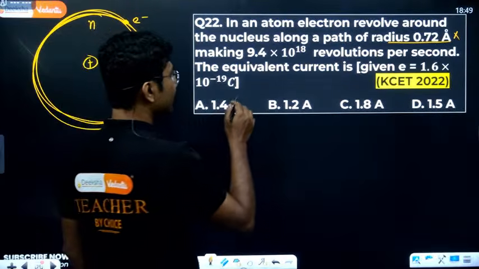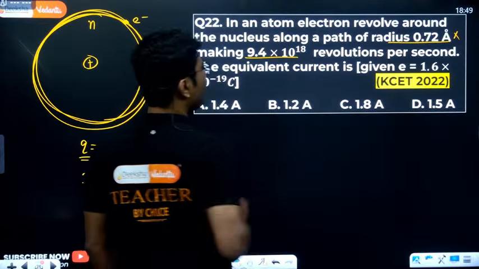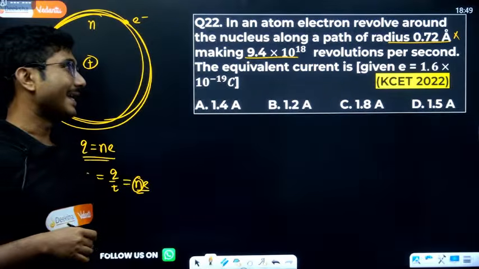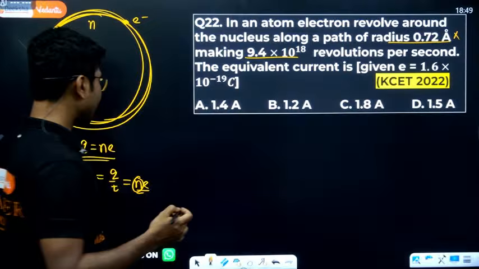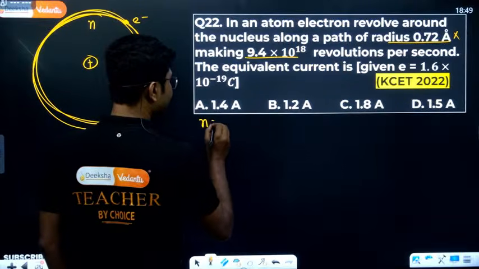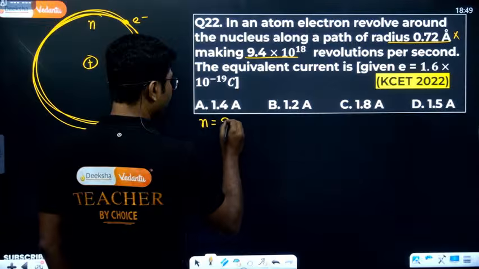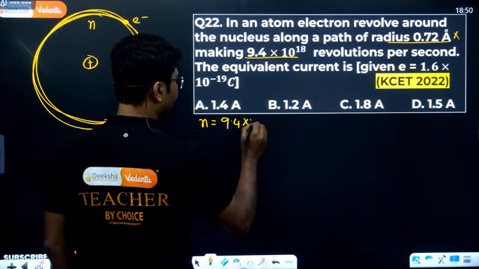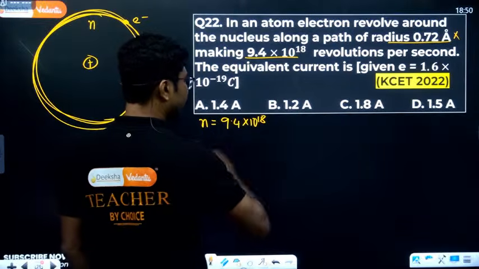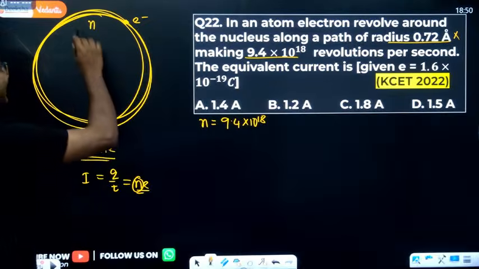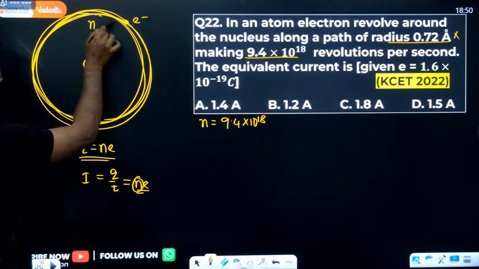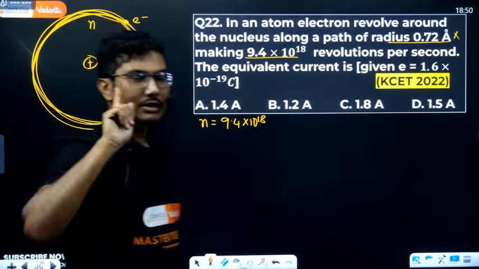Here it is mentioned that it is 9.4 into 10 to the power 18 revolutions per second. That means the number of rotations per second is 9.4 into 10 to the power of 18. In each revolution, the electron is passing only once.